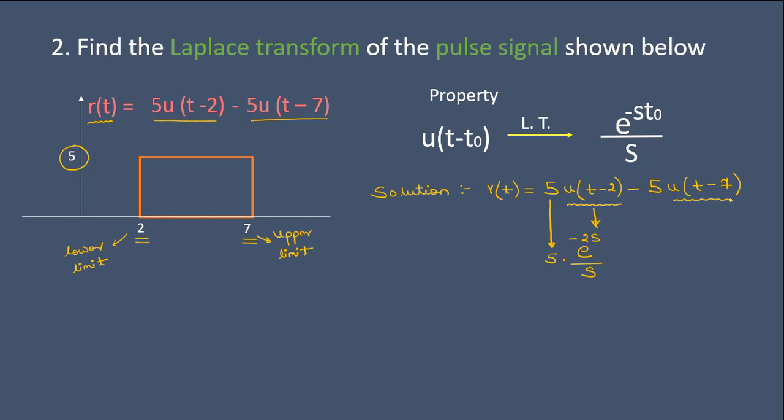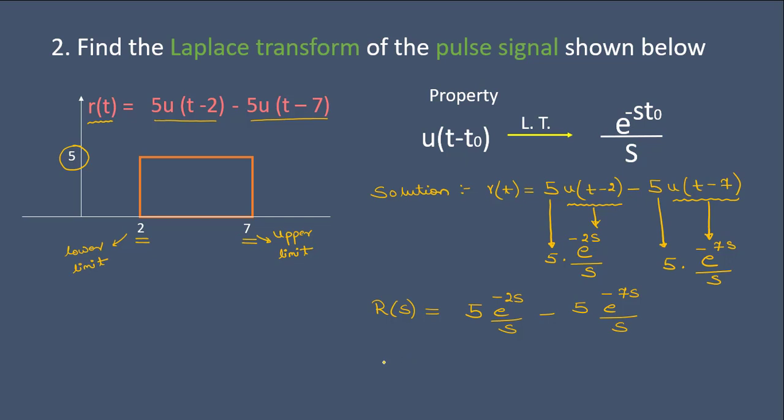Again, the Laplace transform of u of t minus 7 will be e raised to minus 7s upon s, again this 5 as it is. So finally, the Laplace transform of signal r of t will be R of s, and it will be 5 e raised to minus 2s upon s minus 5 e raised to minus 7s upon s.